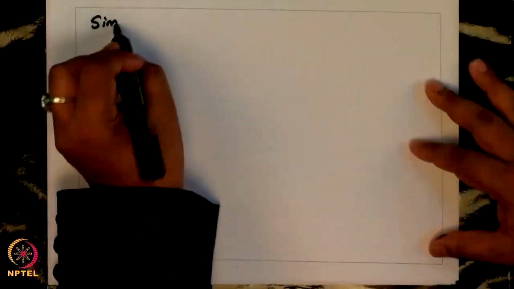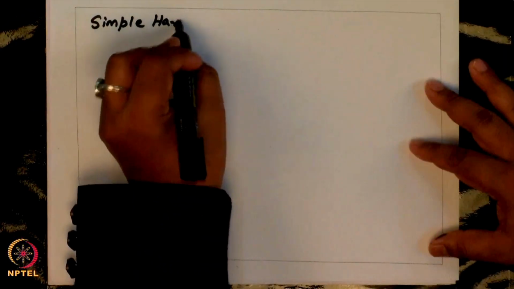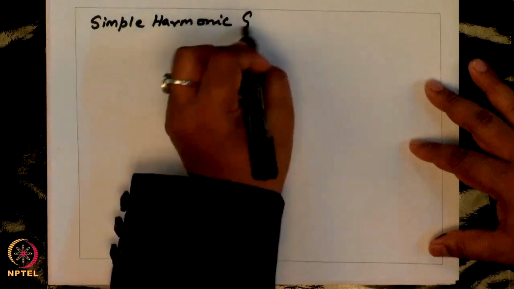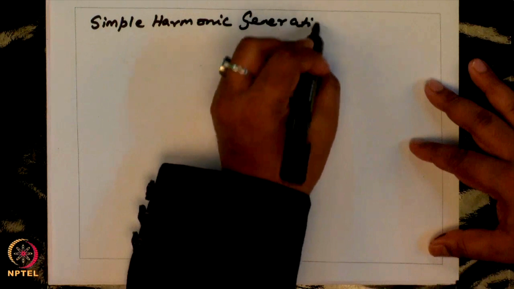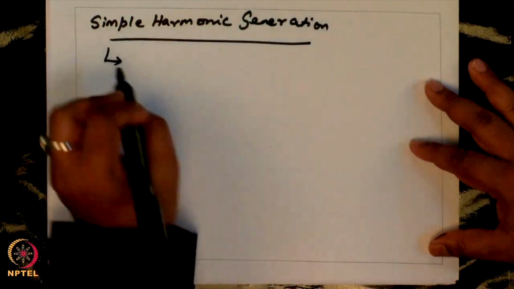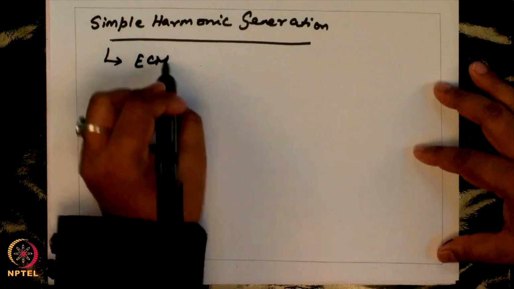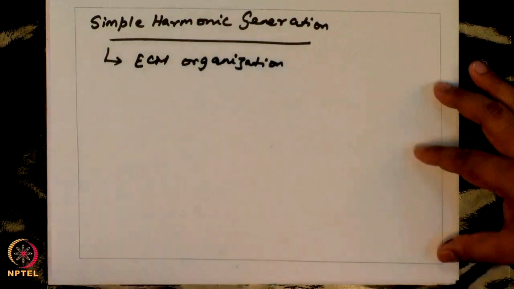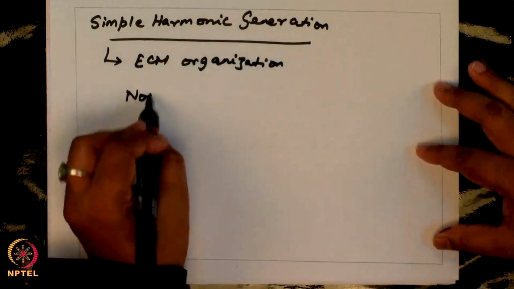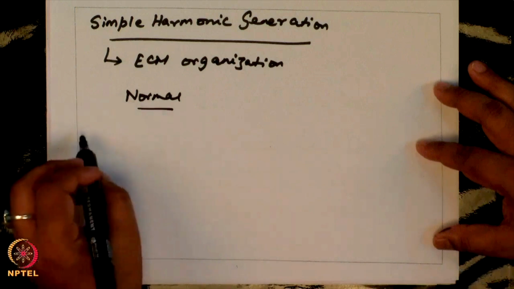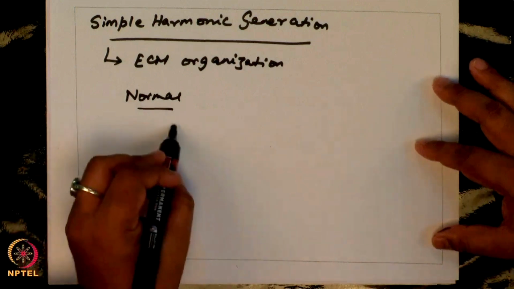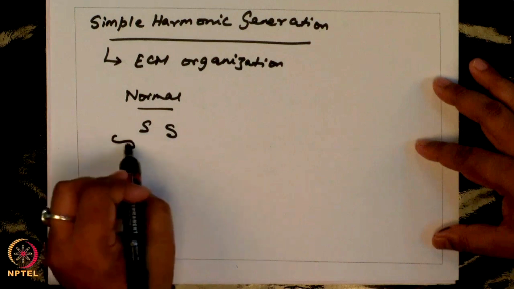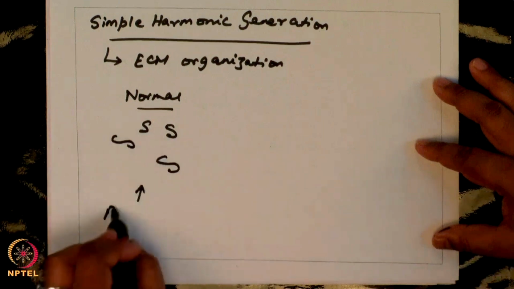They used an imaging modality called second harmonic generation, which allows you to look at ECM organization. In the normal case, they imaged the collagen fibrils, and what you found was that these collagen fibrils exhibit ribbon-like morphology.